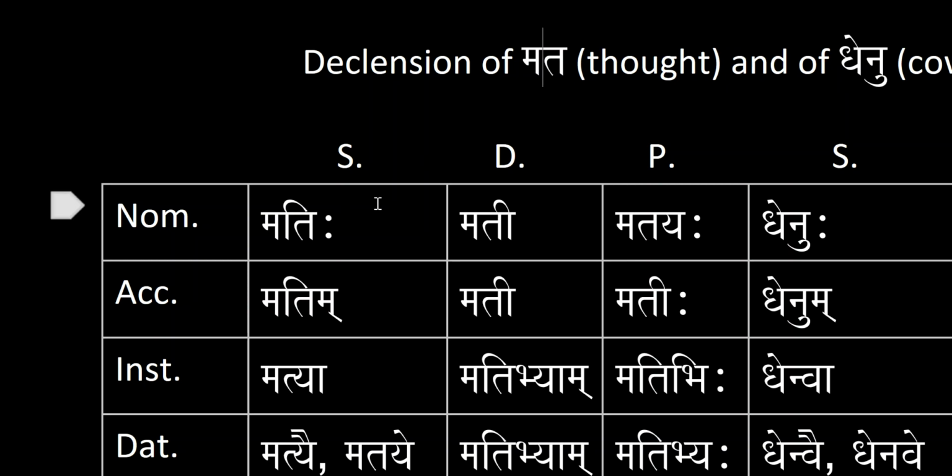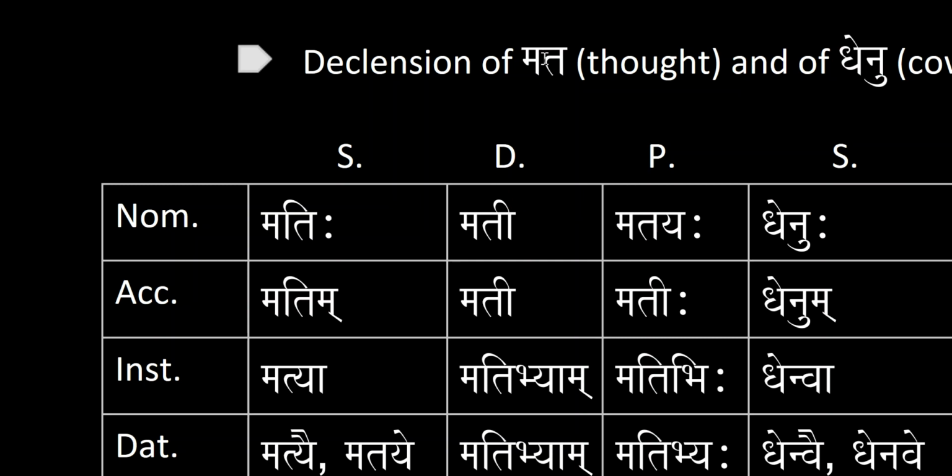So for nominative singular, you're adding back not just I, but ihi, because you have this visarga here. Instead of adding an I back to mati for nominative dual, you're adding a long I, mati. And then here you have matayaha, so yaha is what you're adding. So take a look at what is being added after you remove that vowel.